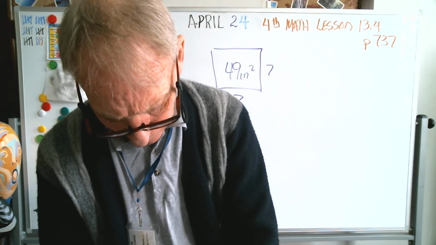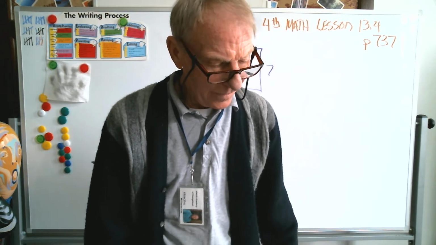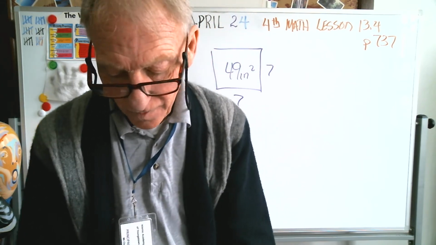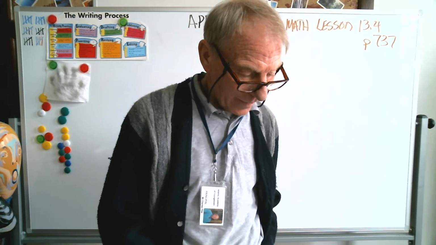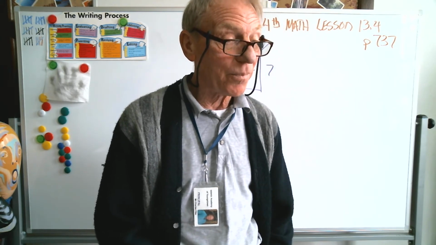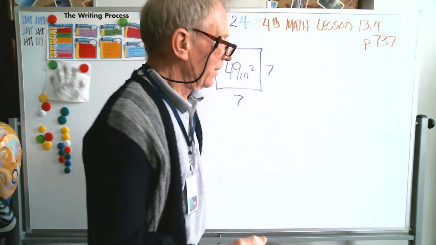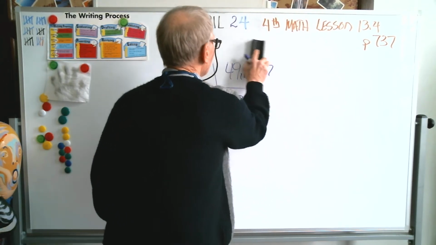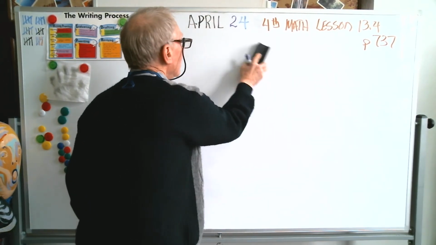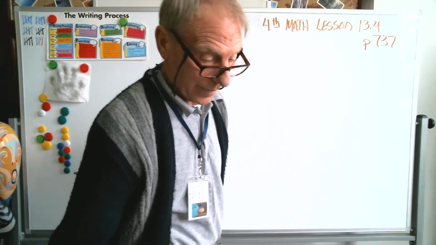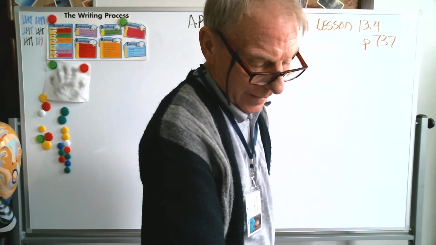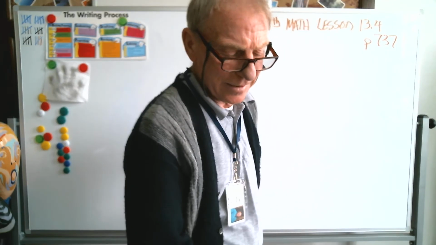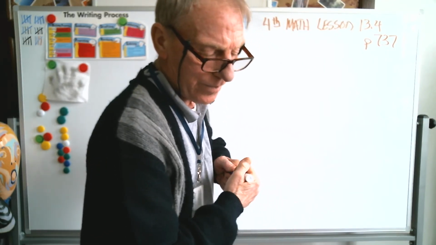Let's see what's on the next page. Ooh. Okay, now we gotta think smarter problem. So let's think smarter. An outdoor deck is 7 feet wide.